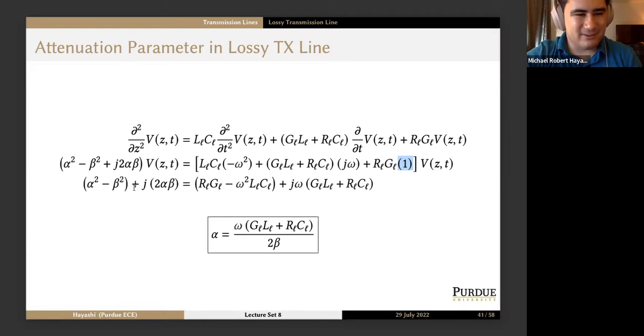We can separate this into real and imaginary components. Alpha squared minus beta squared is going to be equal to R_L G_L minus omega squared L_L C_L. And then we have j 2 alpha beta is equal to j omega times G_L L_L plus R_L C_L.